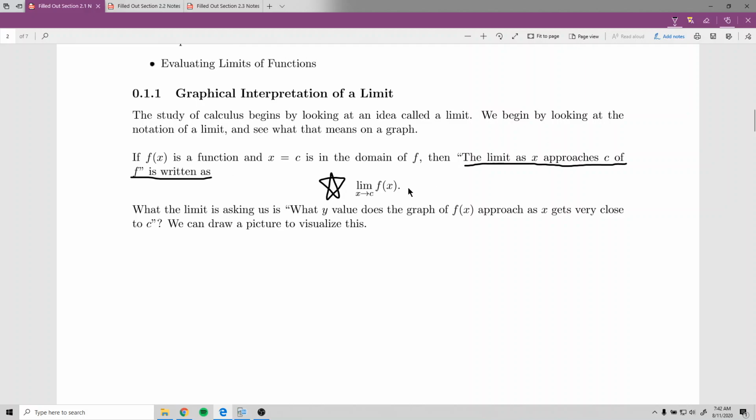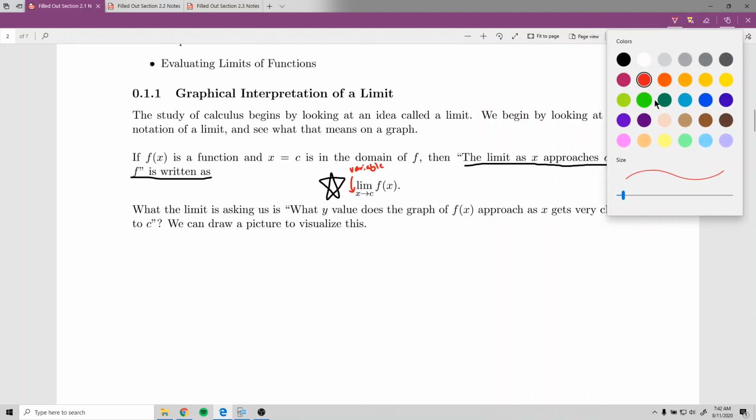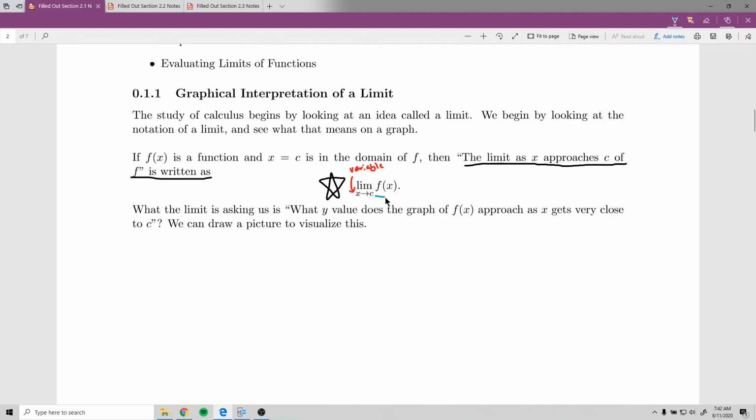in the symbol here we have lim for limit. Below it we have x arrow c. So x is the variable. So if our function's variable is like t or something, you would see t here. And we draw an arrow towards the number it's going towards, which is c.